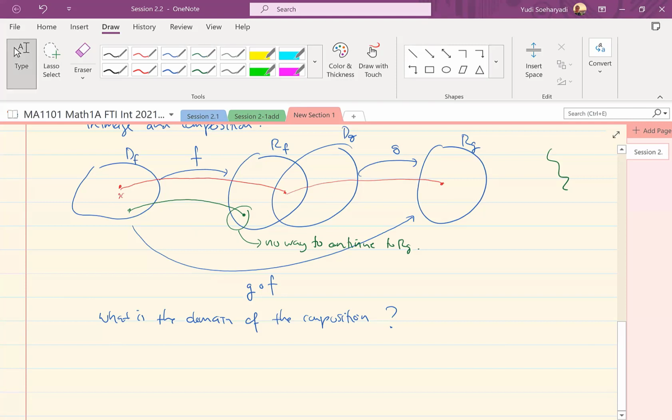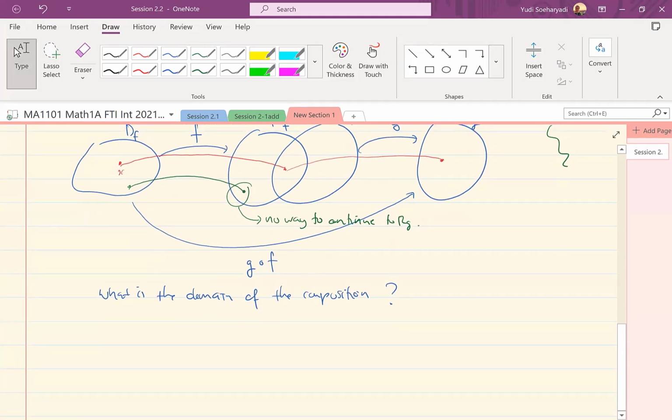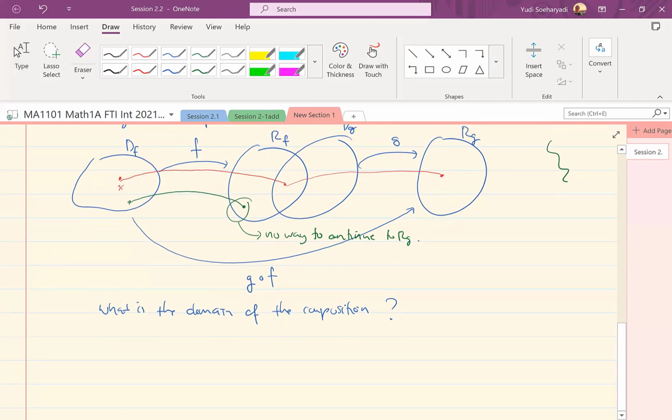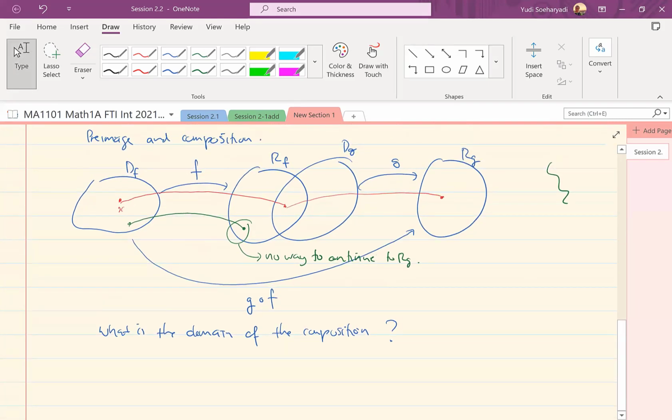So when you find the domain for the composition, it is everything that falls to here.